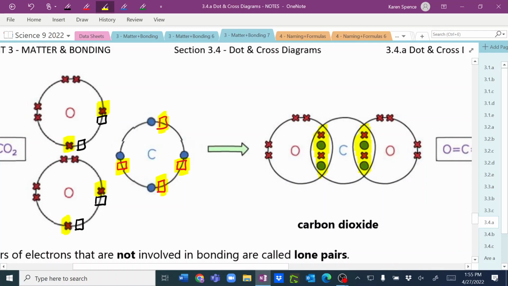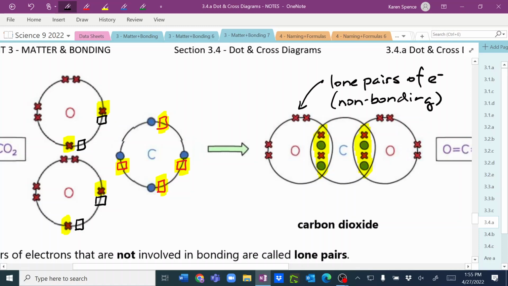And then we have lone pairs of electrons. Lone pairs of electrons are non-bonding. Okay, so we've got a lone pair there and a lone pair there, and we have the same thing on our other oxygen.